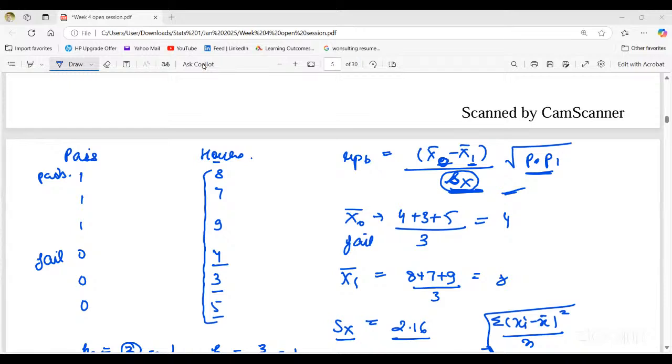I have to read it again. If you can tell me the question, then it would be easy for me to make you understand.